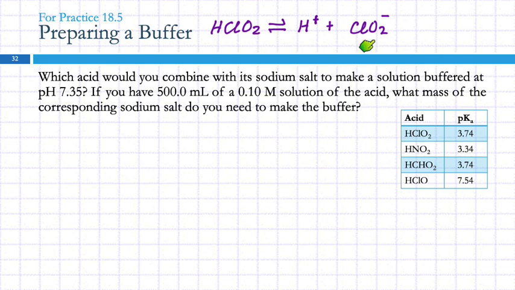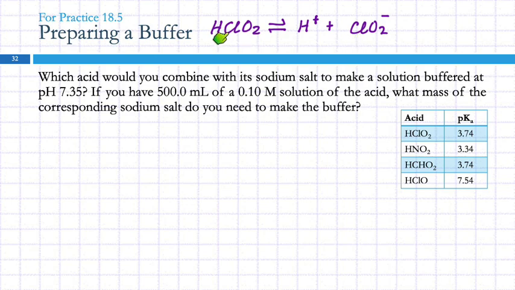If we want to add more of the conjugate base to the buffer, we can't just add chlorite ions because they have to have a counter ion with them to be a neutral compound. So sodium is used a lot because, well, it's really easy to get and it's not toxic and you eat it all the time in reasonable quantities.